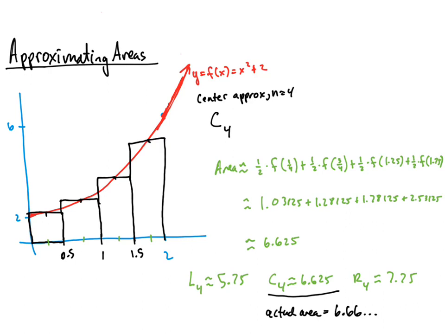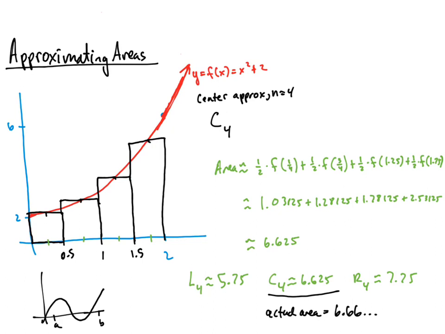But if we have some function that is increasing and decreasing, something like this, and we're starting here to here, there's no way really of knowing right off the bat which of these approximations will be best. So it's helpful just to go through each of these and then compare it to the actual area to see which is best.